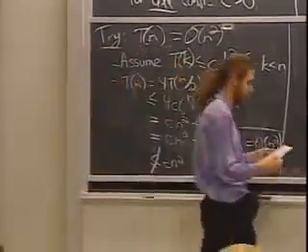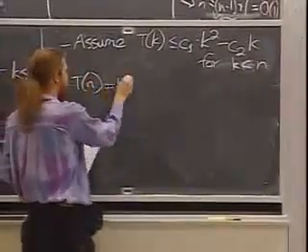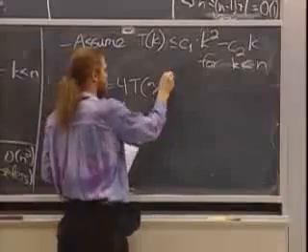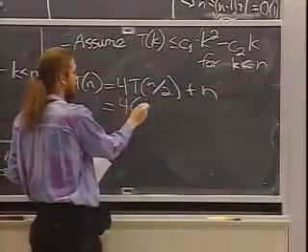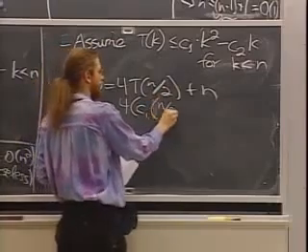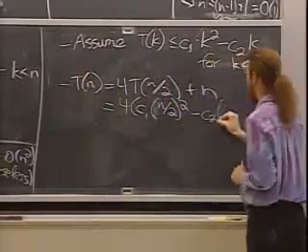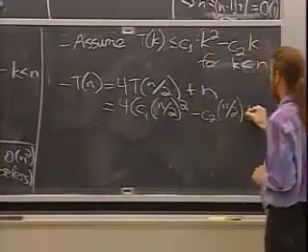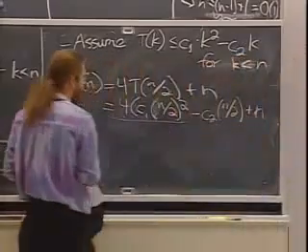Turns out it works. So we look at T of n. This is 4 times T of n over 2 plus n, as usual. Now we expand a slightly messier form. We have c1 times n over 2 squared minus c2 times n over 2 plus n. Okay, this part is the same.